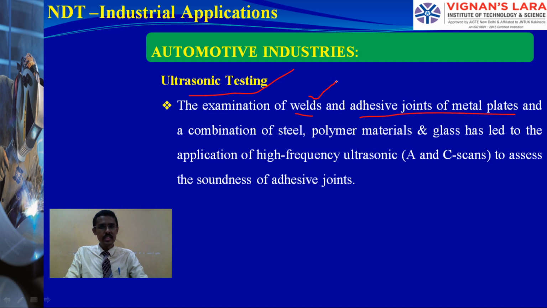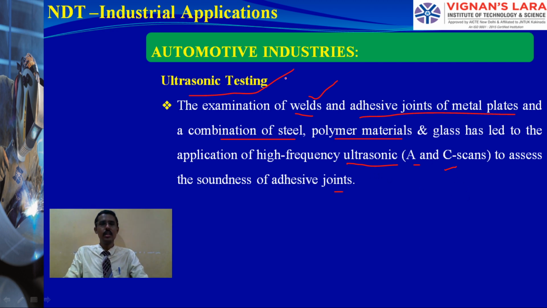Maybe welds in steels, adhesive joints in metal plates, plastics and polymer materials. And a combination of steel, polymer materials and glass has led to the application of high frequency ultrasonic and CT scans to obtain the soundness of the joint.